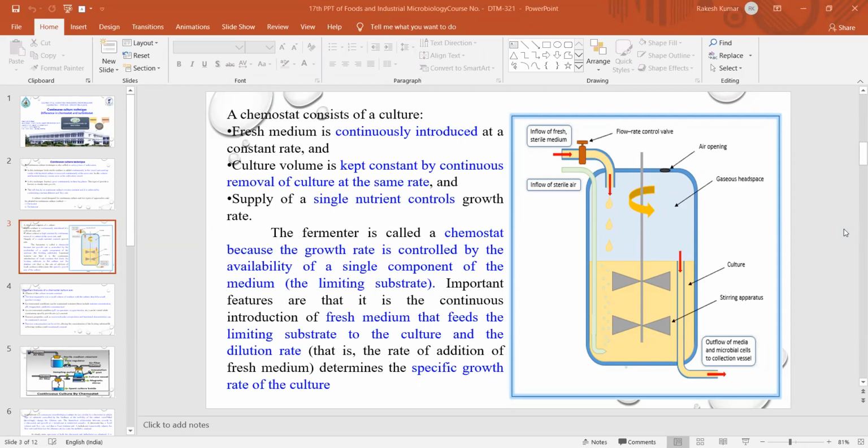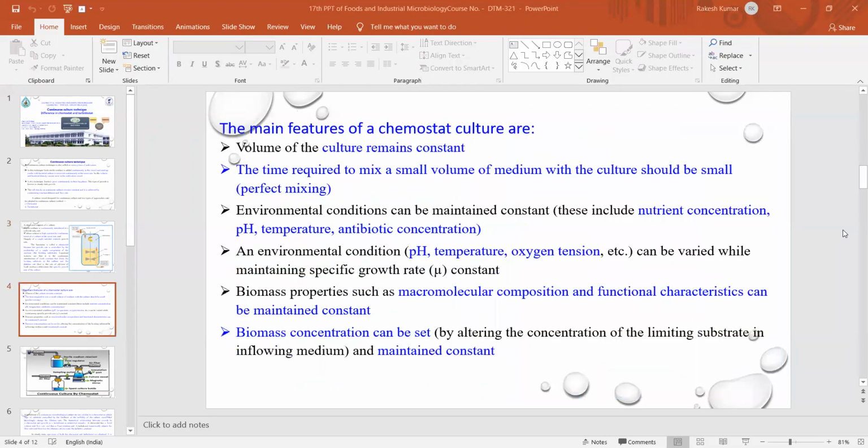So whatever things you have to perform, you have to keep in your mind that the amount you are removing after the fermentation process, the same amount you have to add to the system, and you have to maintain the volume inside the fermenting chamber.